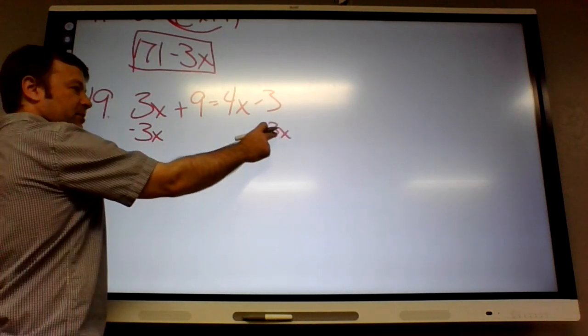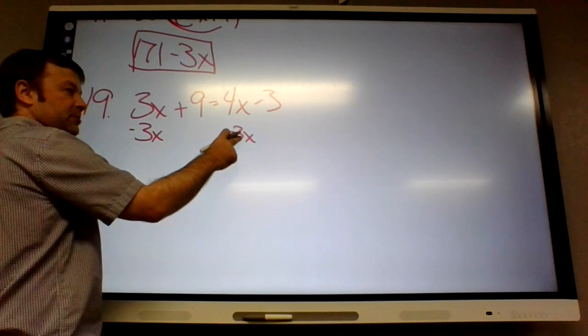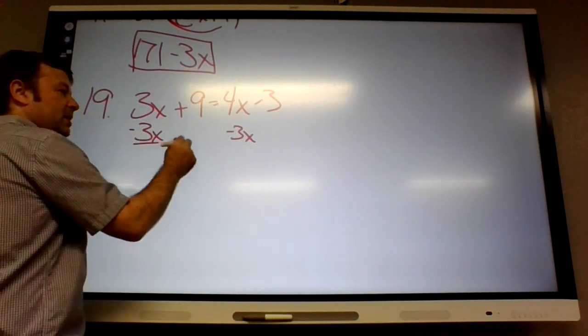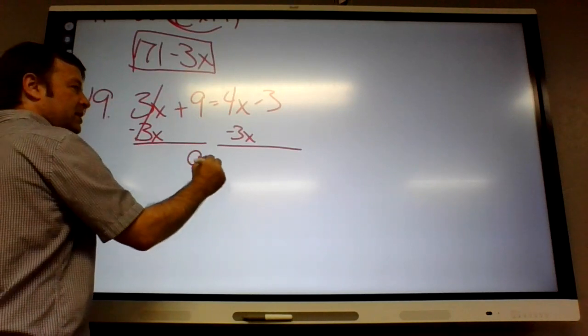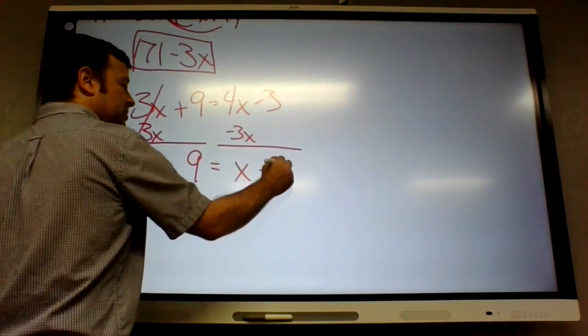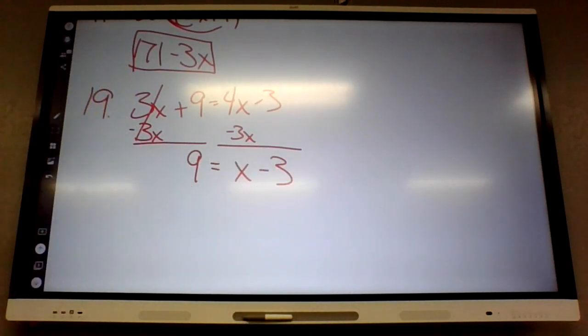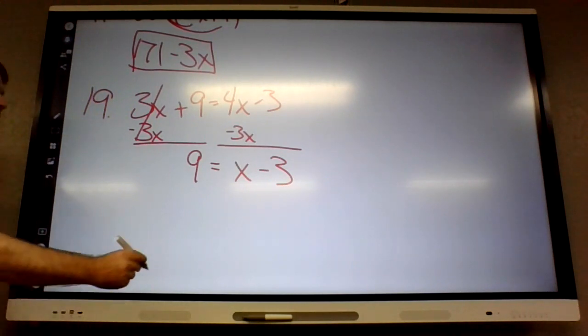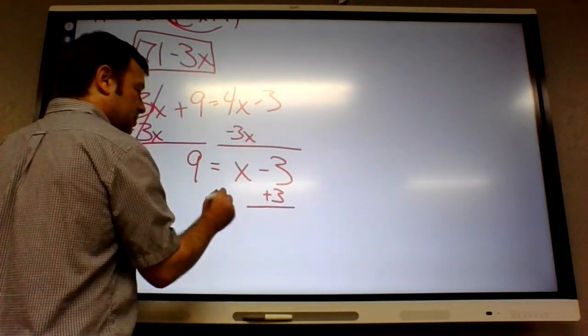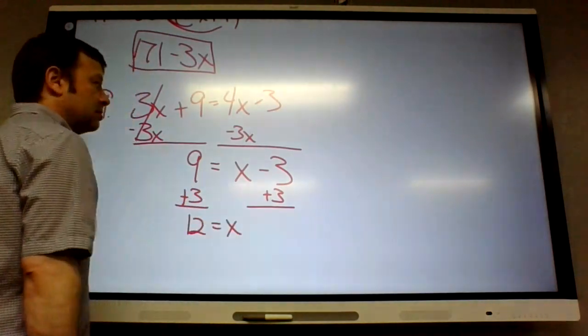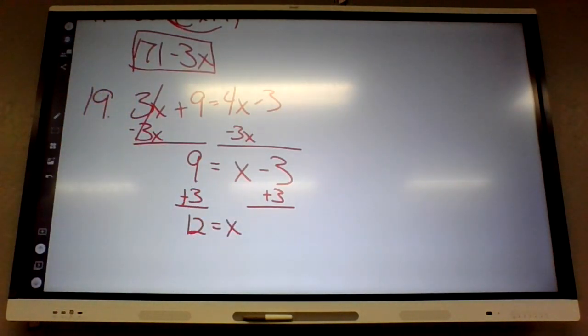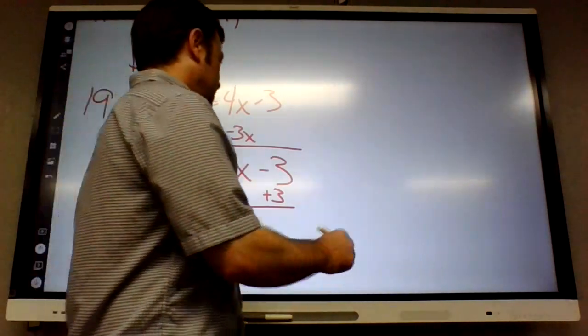You don't mix it with the normal numbers. You put x's with x's. So that goes away. We get 9 equals 1x minus 3, plus 3. So I think that's the A question. X is 12.